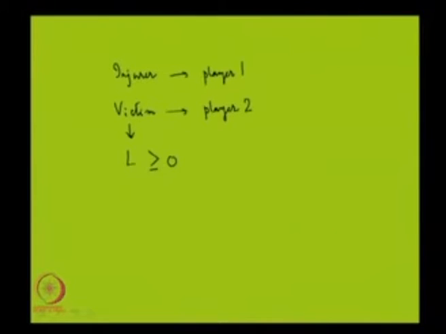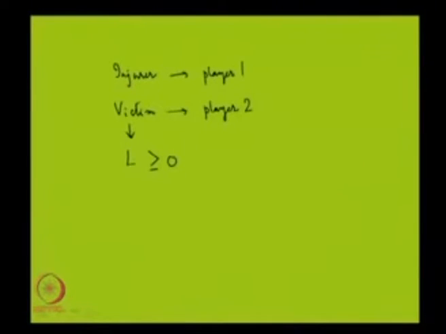Now, behind the loss it is possible that both these parties have been responsible. It may happen that the injurer has been careless in avoiding the accident, or it might be the case that the victim has been careless in avoiding the accident. So, this L can be thought of as a function of two variables.